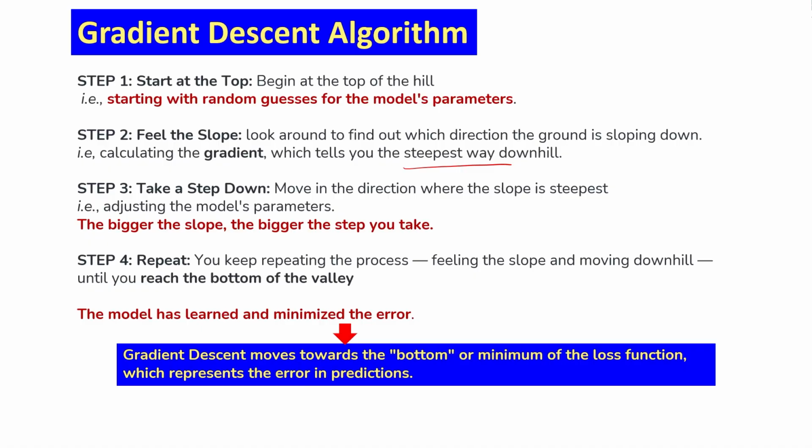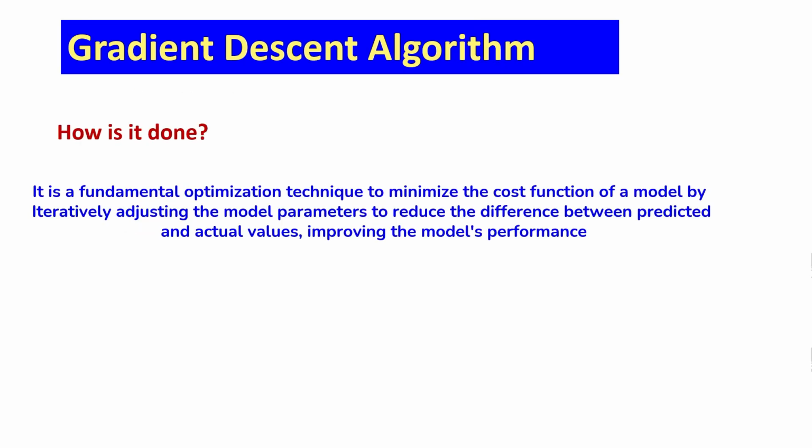So, gradient descent moves towards the bottom or the minimum of a loss or error function that represents the minimum error, right. You want to reach that level, that is why we use this technique. And how is it done? Simply it is done to minimize the cost function of any model by iteratively adjusting the model parameters.